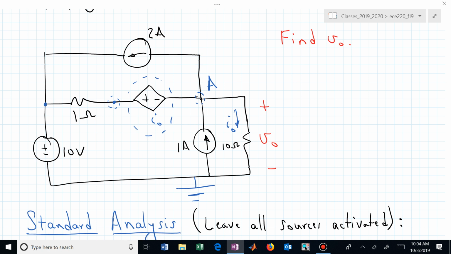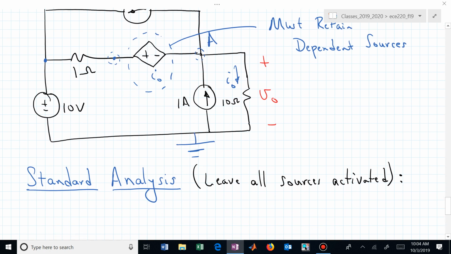We'll have 3 different sources that we can activate and deactivate. That dependent source has to stay. It's retained. So we must retain dependent sources when we get to analyzing this circuit using a superposition concept.